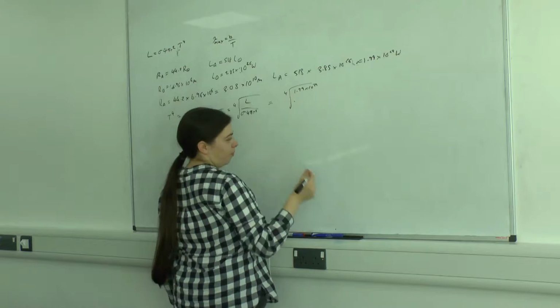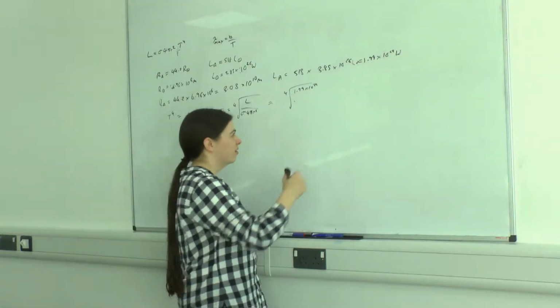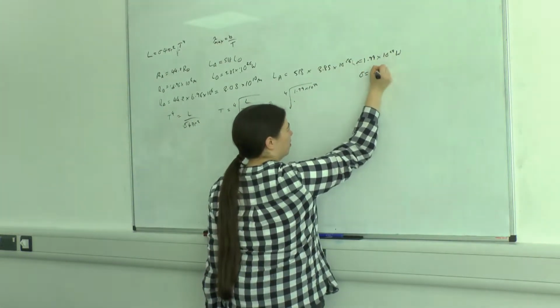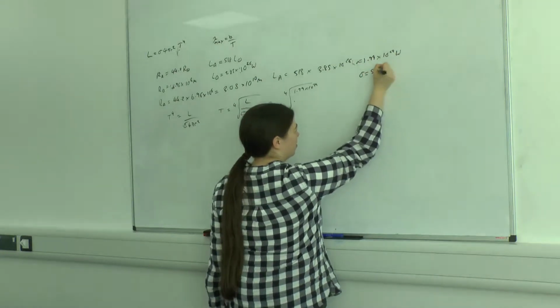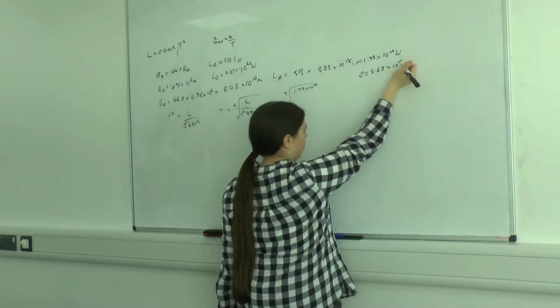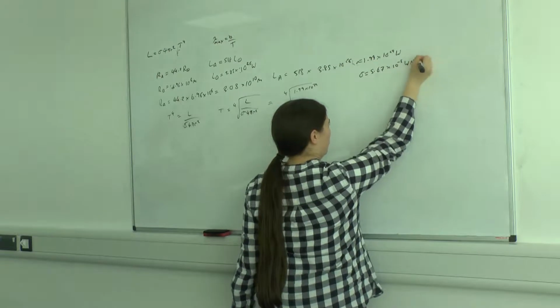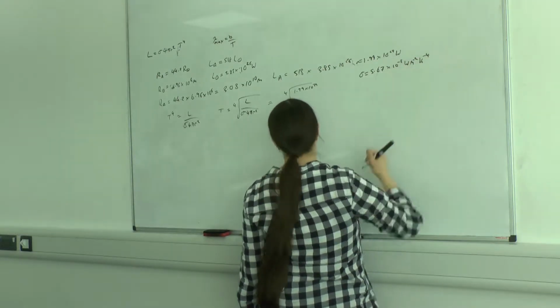Oh yeah, and also the Stefan-Boltzmann constant is 5.67 times 10 to the minus 8 watts per meter squared per Kelvin to the 4.